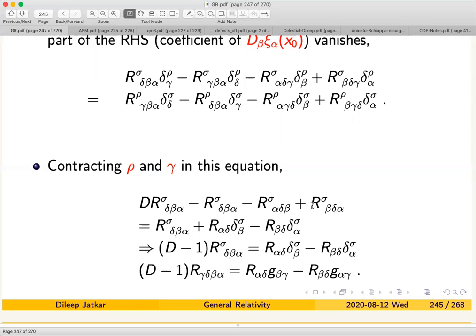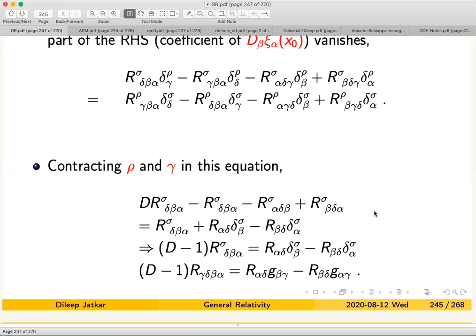These three terms can be written with three indices cyclically permuted. The cyclic permutation of the Riemann tensor with these three indices is 0 by the Bianchi identity. So this and this term cancel out, and these two terms are identical, so you get d minus 1 times R sigma delta beta alpha equal to the Ricci tensor pieces. That is the equation you get.